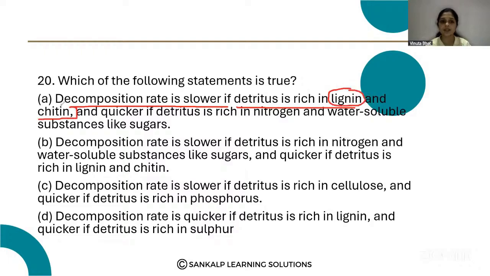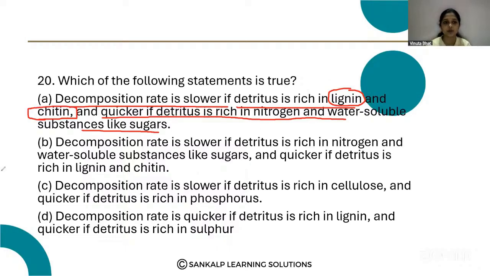And quicker if the detritus is rich in nitrogen and water soluble substances like sugar. So the decomposition process completes faster if water soluble substances like sugars are there. Yes, that is the correct statement.